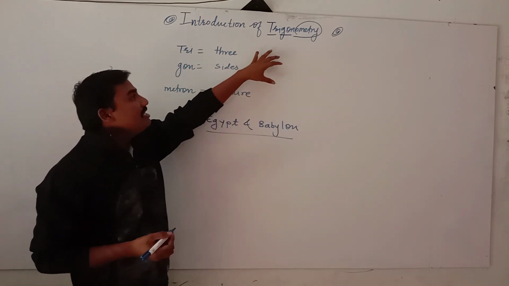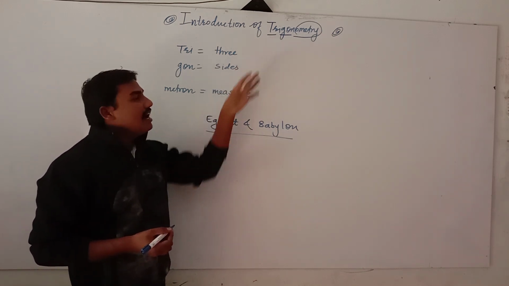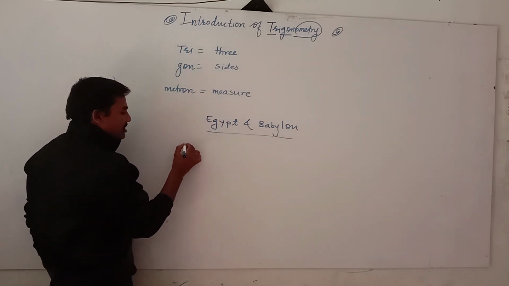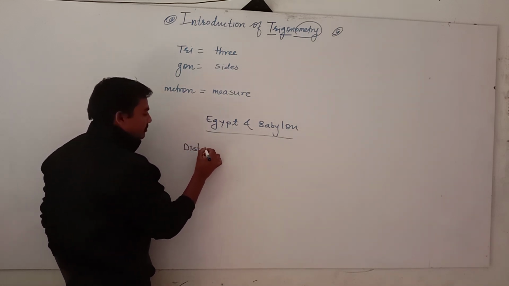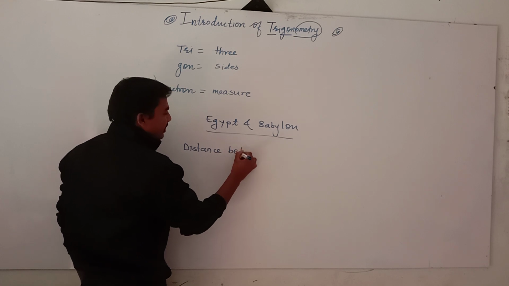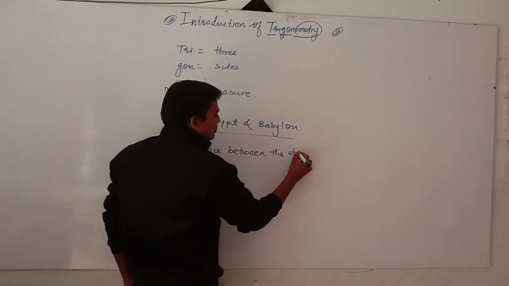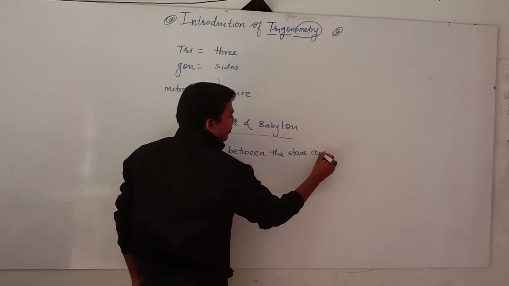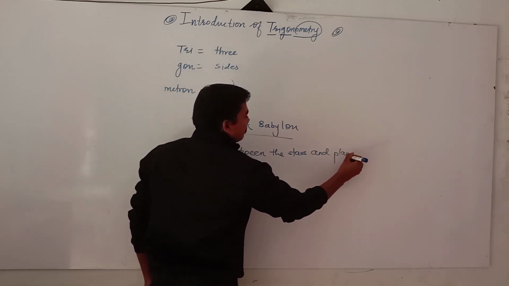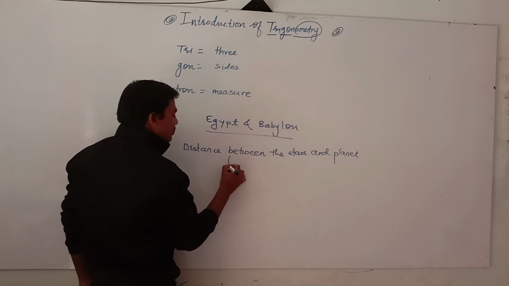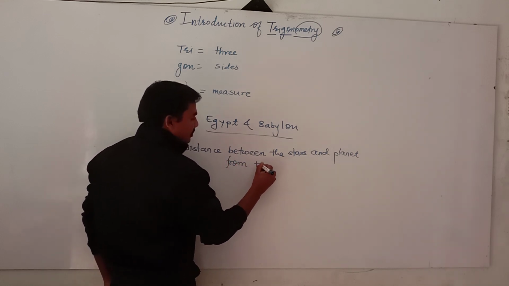Now, what is the use of trigonometry? It is used in measuring the distance between the stars and planets from the earth.